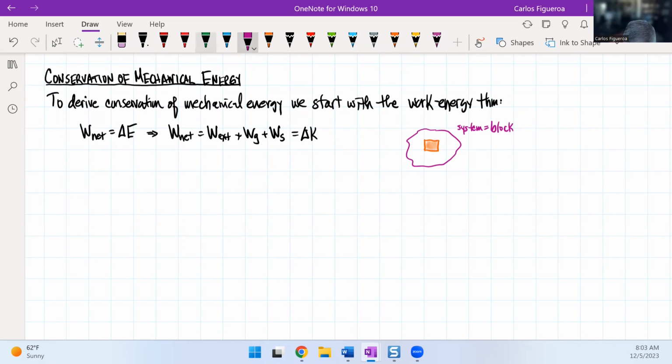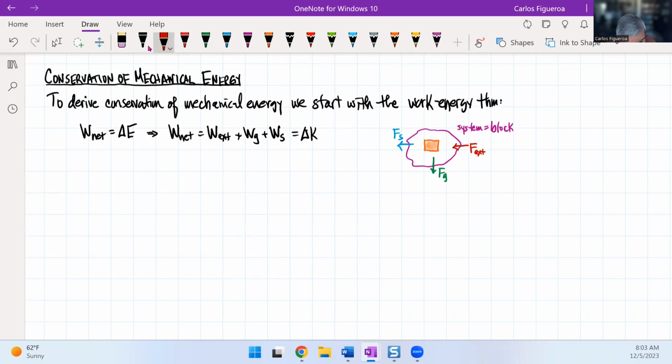I would have an external force, that's the force of gravity. I could have an external force, that's the force of the spring, and I can also have maybe some external force, that's F external here.